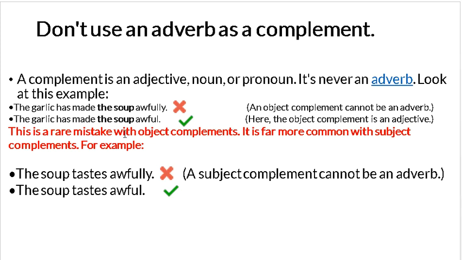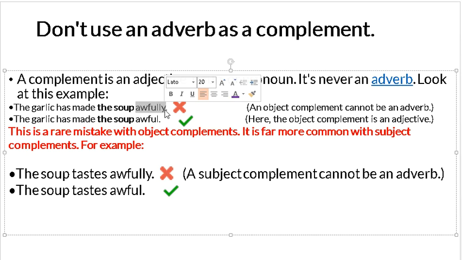Here we can see in these examples, the first is "the garlic has made the soup awfully," whereas the second one is "the garlic had made the soup awful." Now here we can see an object complement cannot be an adverb. This one is wrong. Why wrong? This is wrong due to the word awfully, and awfully is an adverb, whereas the second one is right.